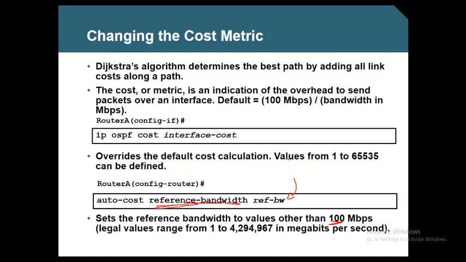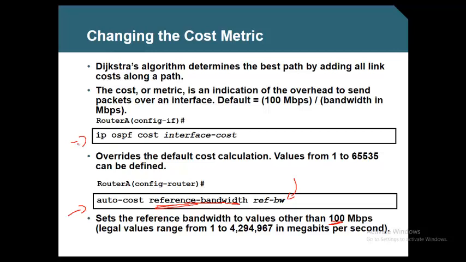You got it? Okay. Yes. So this is about auto cost. But if you do not want to calculate using the formula, if you wish to provide the cost manually, use this.